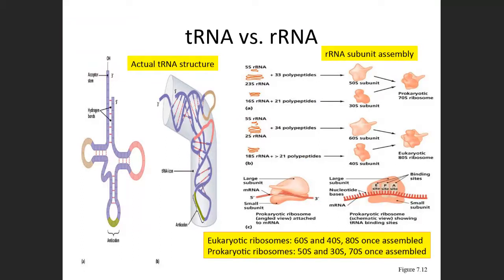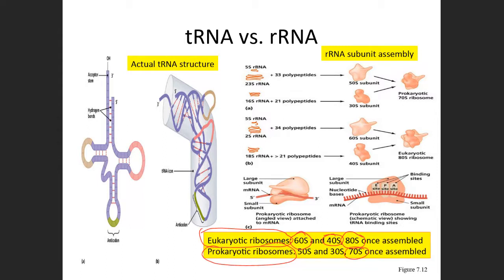This is showing you the big and the small subunit of the ribosomes coming together. Do remember, review that the ribosome is made of a 60S and a 40S subunit. That's the eukaryotic ribosome. Prokaryotic ribosomes are 70S, with 30S and 50S subunits.